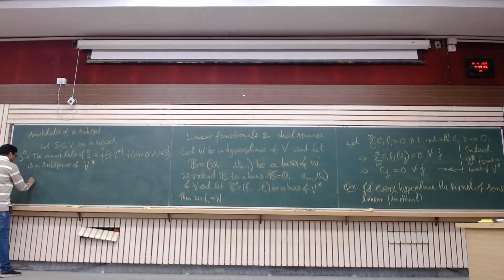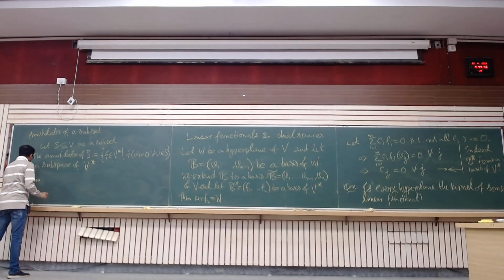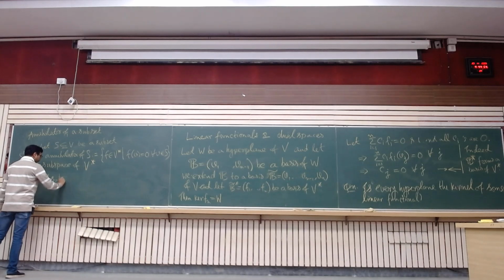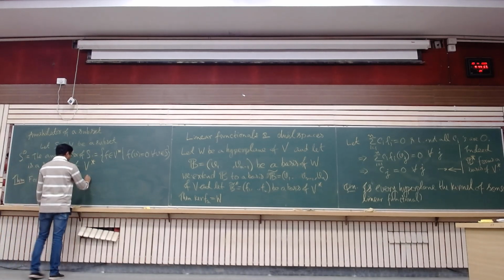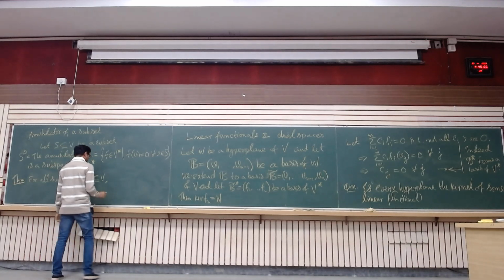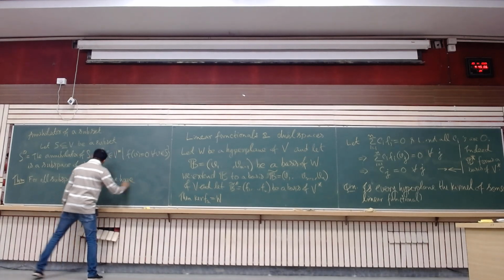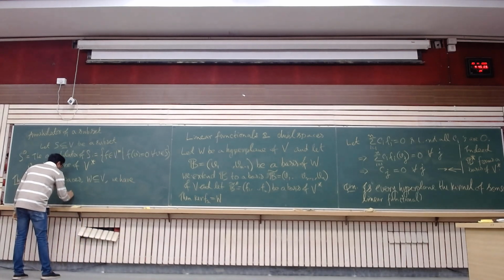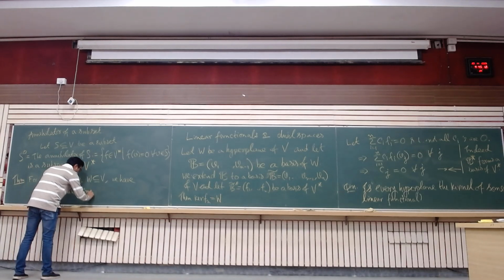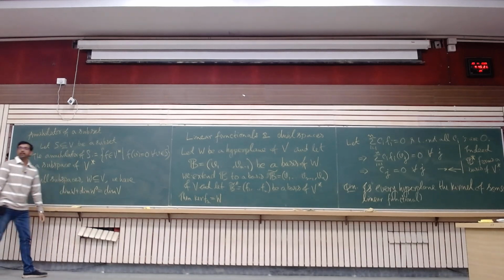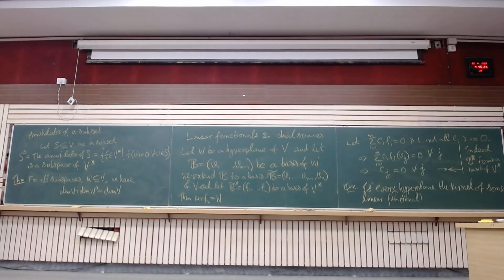All right, and we are going to prove a small theorem soon. That is, for all subspaces W of V, we have dimension W plus dimension W0, that is the dimension of the annihilator, is equal to the dimension of V. The trick is quite similar to what we did there.